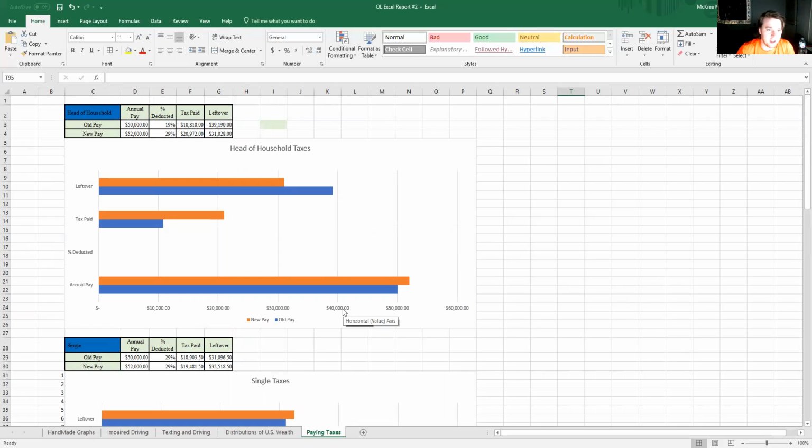At the end of the year, after taxes are paid, you get $39,190 for your income. Now, after you get the new pay, the extra $2,000, you get $52,000. You go up a tax bracket. You actually went up into a new area of people that made more money than others.